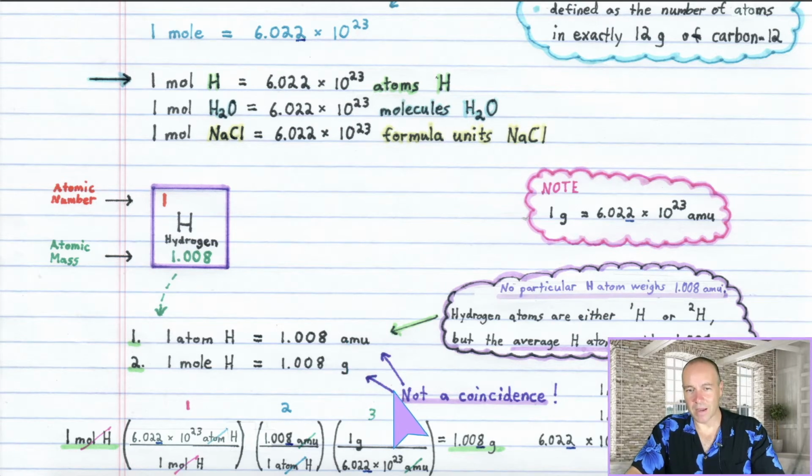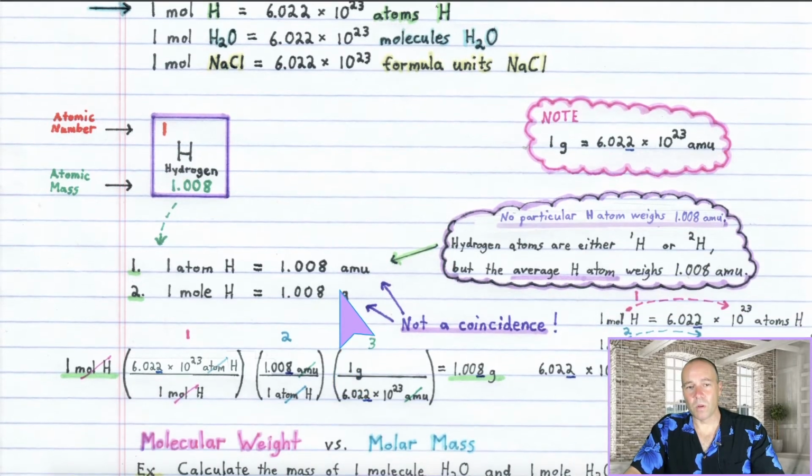Now, that is not a coincidence. In fact, it's a direct result of the way we defined the atomic mass unit. So if you accept that an atom of hydrogen weighs 1.008 atomic mass units, and you use the relation between grams and atomic mass units, then you can derive the second interpretation.